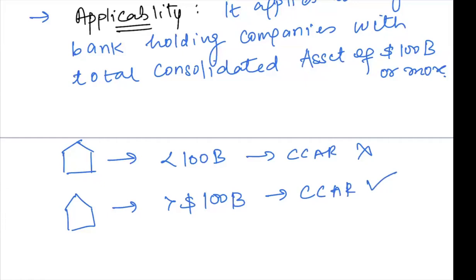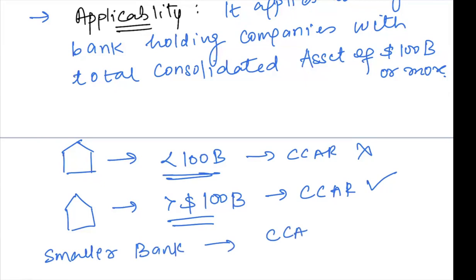So that's why it's important to understand what is the total consolidated asset of the bank. If you see the smaller banks, they don't have to perform CCAR and DFAST. I mean, they don't have to perform CCAR. Why? Because for smaller banks, what I mean here is asset is less than $100 billion.